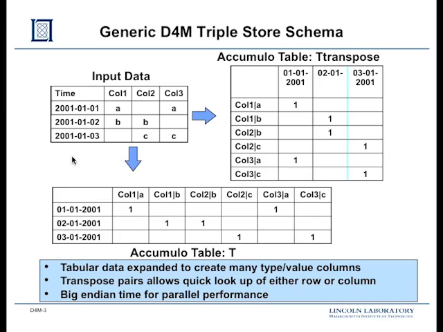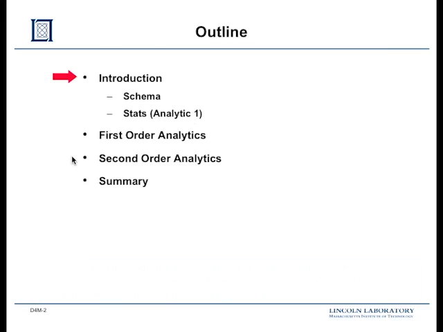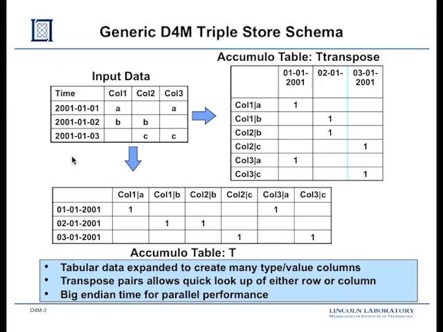So Accumulo is a triple store, and the way we read data into our triple store is using what we call this exploded transpose pair schema.